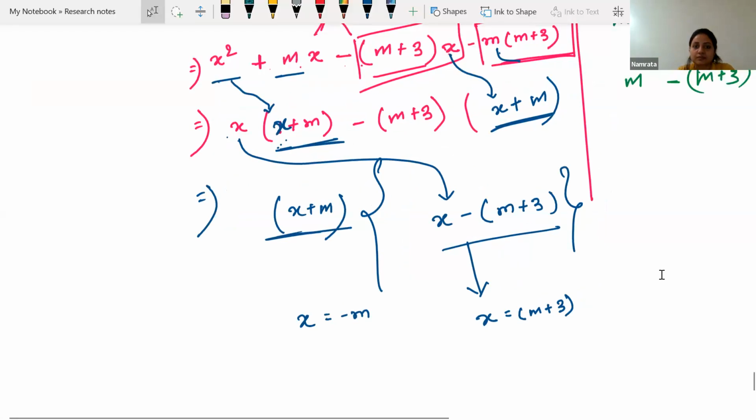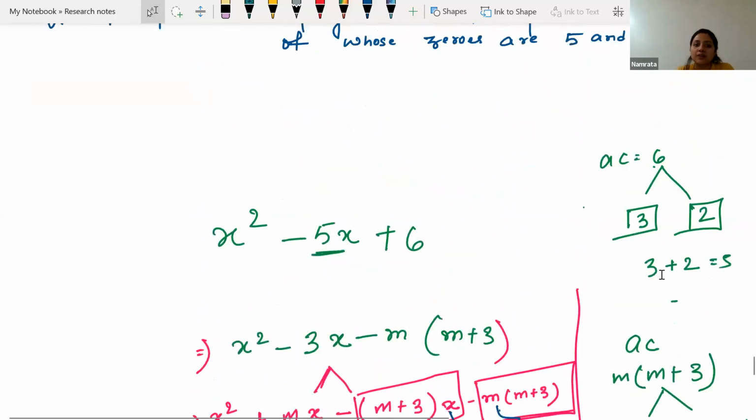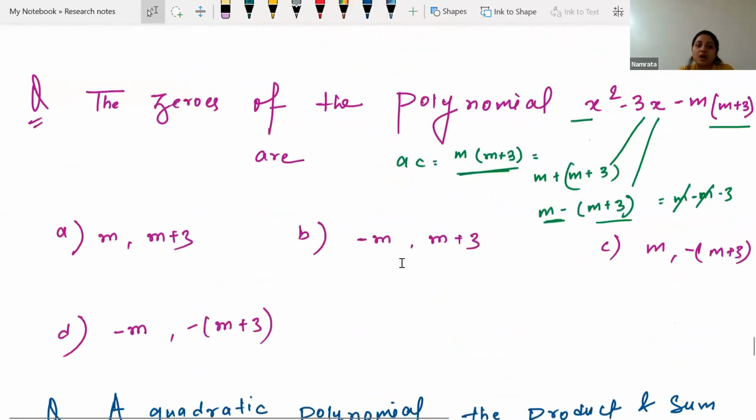Yes, ma'am. So our roots, our zeros, are option B we have got, right? Yes, ma'am. We have got x value as negative m and positive m plus 3.